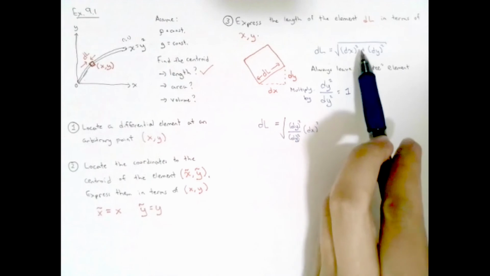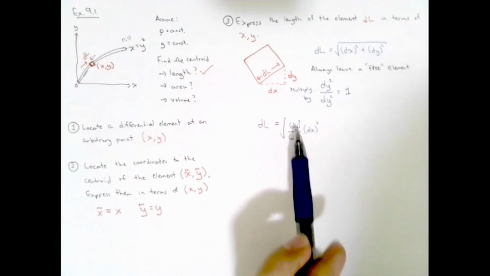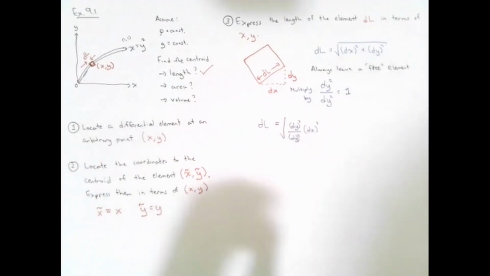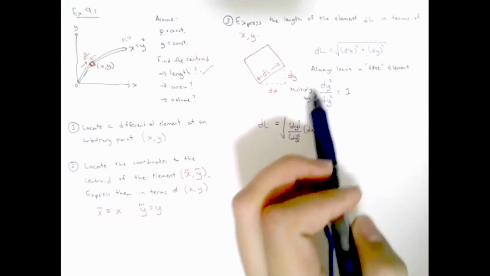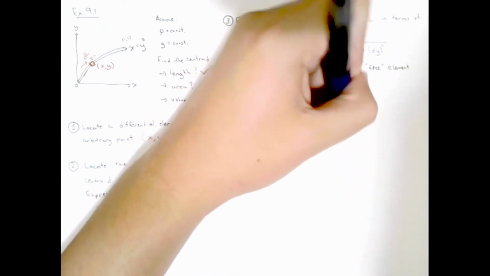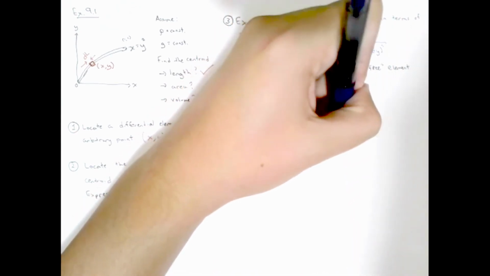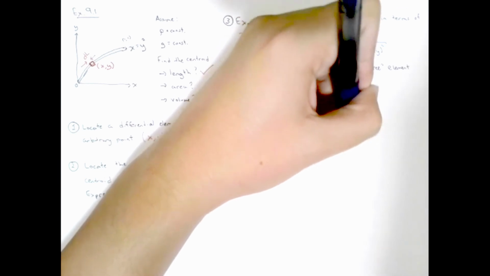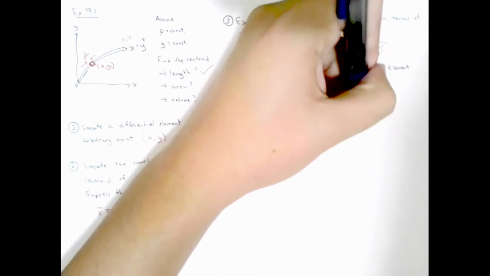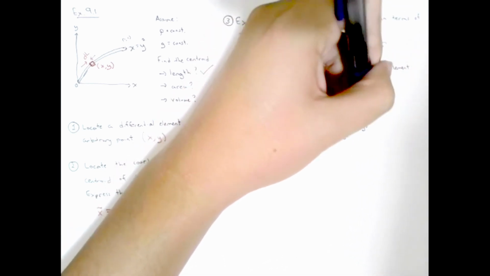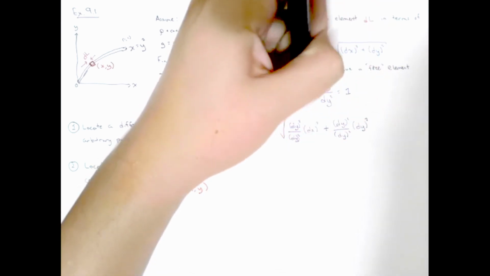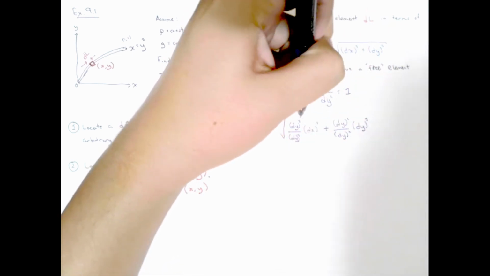We're multiplying dx squared by dy squared over dy squared, okay? And now I can multiply dy squared again by this term. So I get dy squared over dy squared multiplied by dy squared.